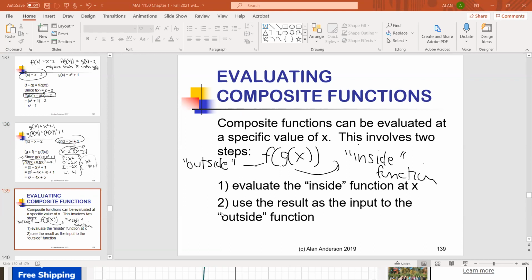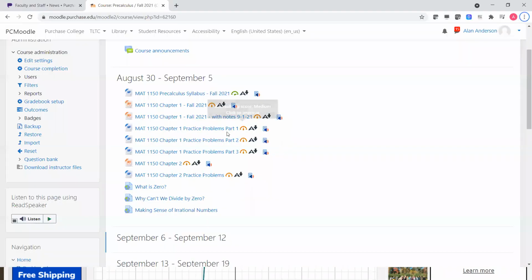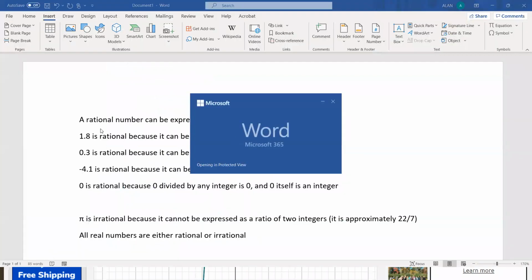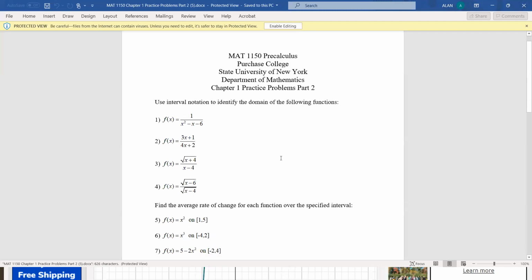By the way, that reminds me, let's look at what's going on with this week's problem sets. I want to remind myself what, okay, now I can't find, oh, here it is. Practice problems number 2. This is domains and ranges.